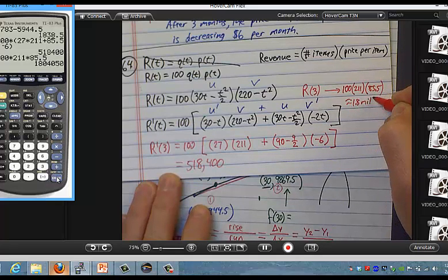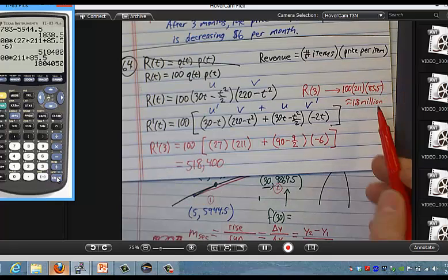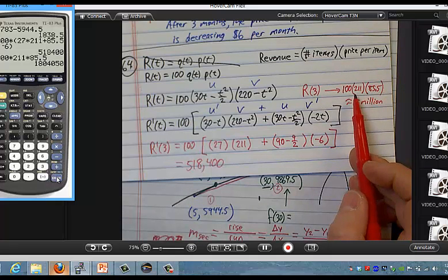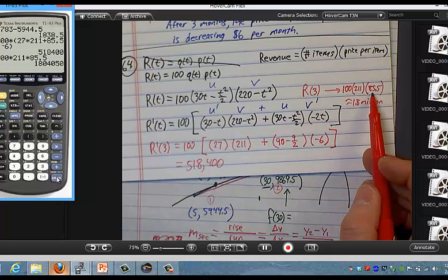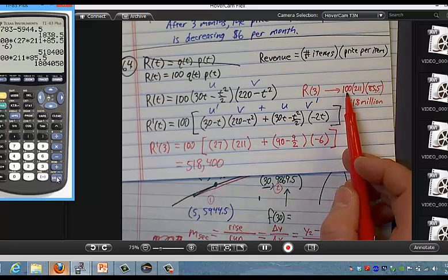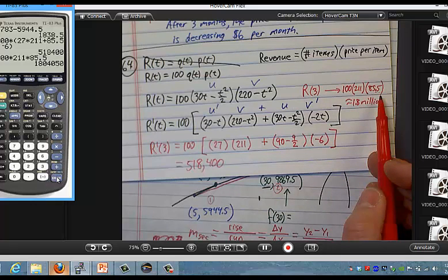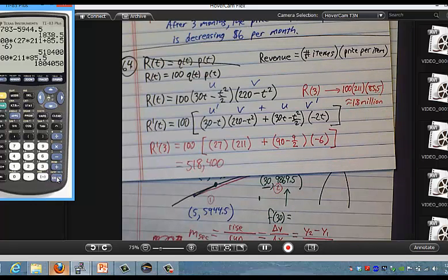Because we sold 85,500. So we sold about 8,500 of these headphones at over $200 each. That's about $1.8 million of revenue in the third month.